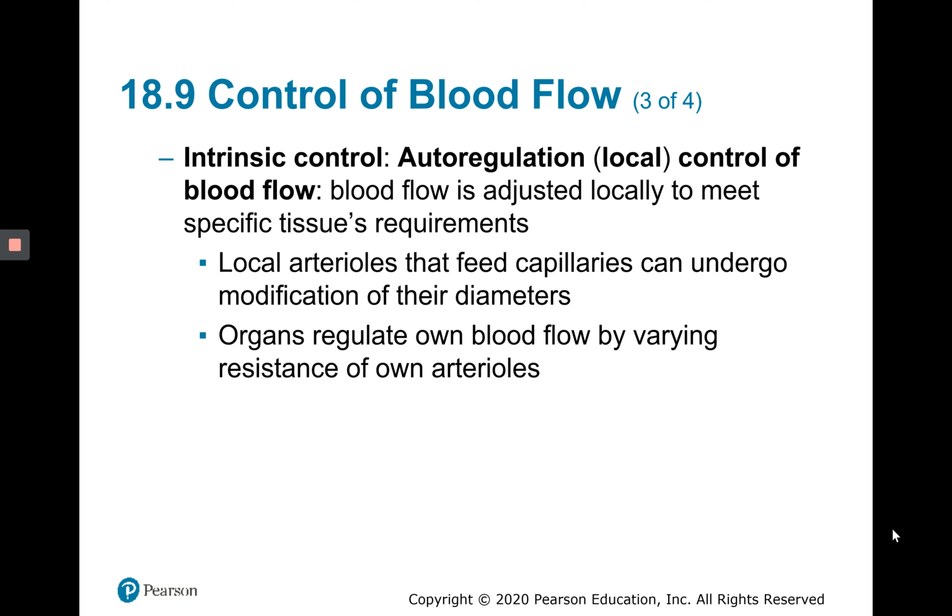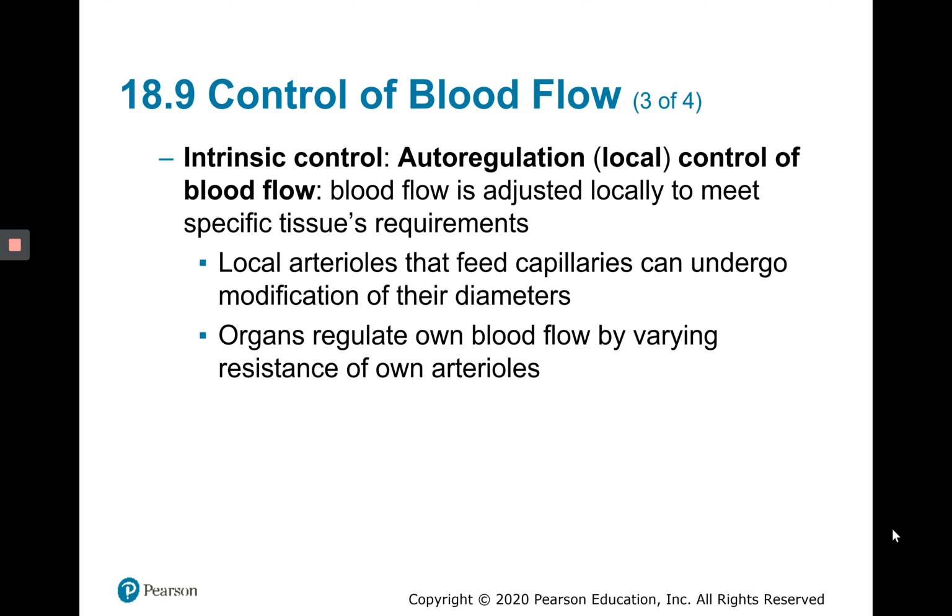Intrinsic controls include autoregulation. This autoregulation or local control of blood flow generally acts on arterioles, and this blood flow, when it's autoregulated, will be adjusted locally to meet specific tissue requirements. So this would happen as arterioles that feed capillaries modify their diameters, and that would regulate the flow of blood to organs.